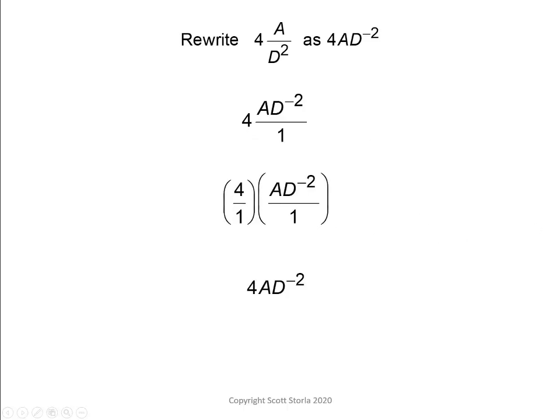One way to do that would be to move the d squared into the numerator and change the sign of the exponent. I put a 1 down here to make the point that this is all part of the numerator. Then the last thing would be to see this as just 4 over 1 and multiply the numerators and the denominators together.